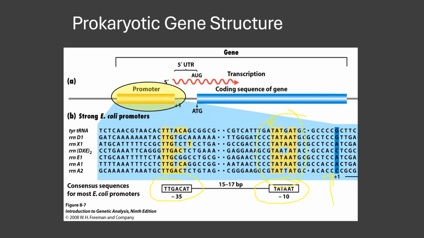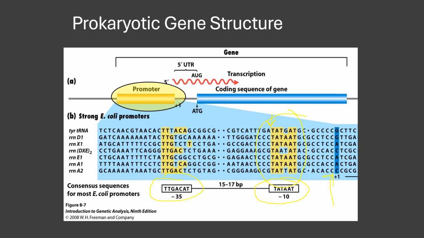So a consensus sequence is derived from not really an average, but just looking to see what's typically at that base pair position at that location, upstream of a lot of genes. So upstream of the transcriptional start site, 10 base pairs and 35 base pairs, you see these different consensus sequences. So that's what the promoter actually is. It's these specified sequences of DNA.